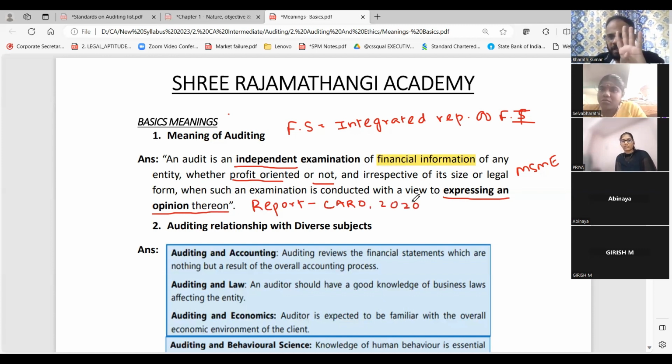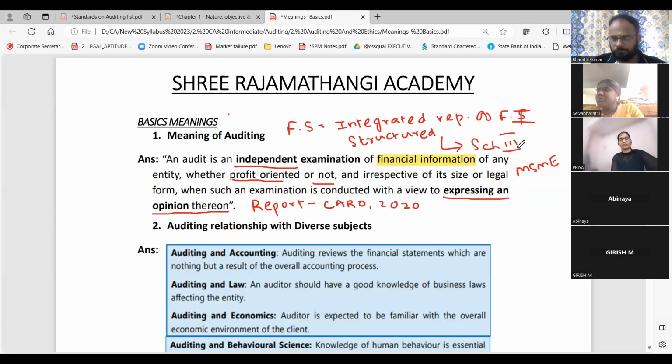For these 4 lines, see what and all we have done. So why have we spoken about financial statement? It is a structured representation. I am saying integrated; it can also be called structured. That means in a proper way. Structuring, who will tell? Companies Act will tell. What schedule? Schedule 3. Are you understanding this connection? Yes.